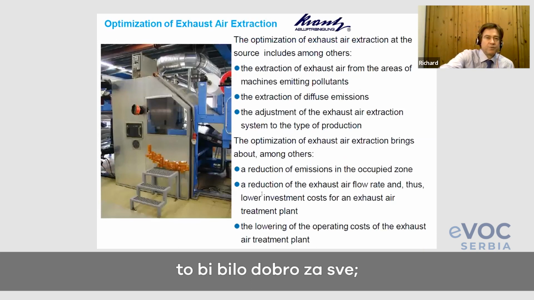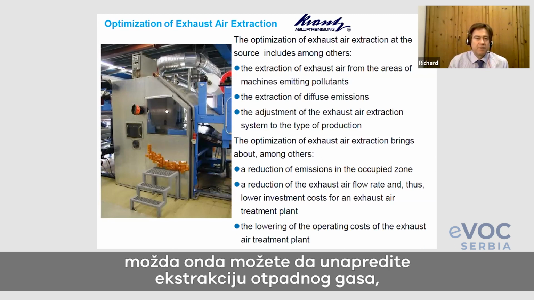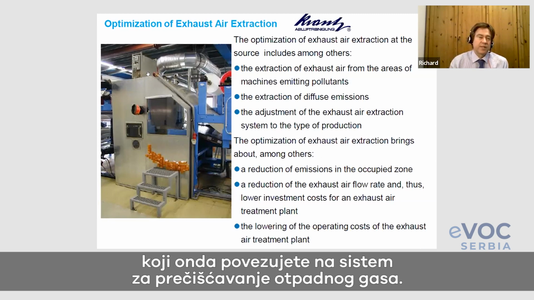That would be very good for all. But maybe you think, oh, for us it makes no sense. We cannot do this. But what you can do, maybe, for example, is improve the extraction of the VOC waste gases, and then you can connect it to a waste gas abatement system.